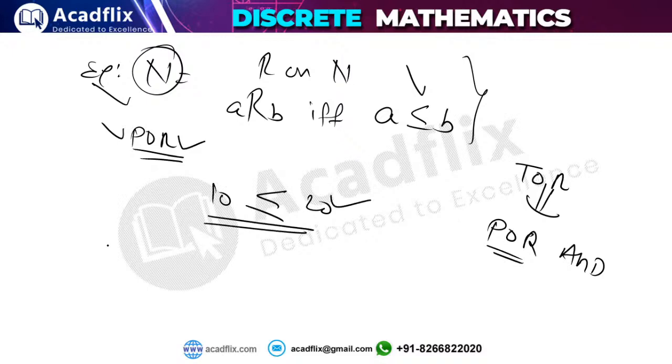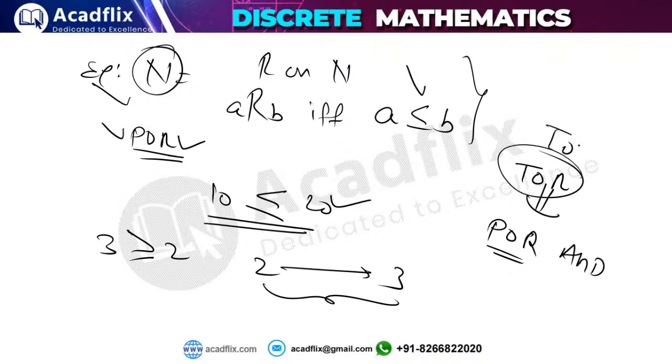Or you take 3 and 2: 2 is less than or equal to 3, so 2 is related to 3. Whatever two elements you take, you will see that they are related.